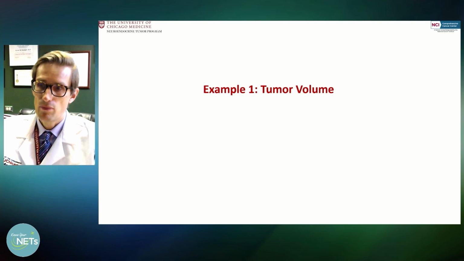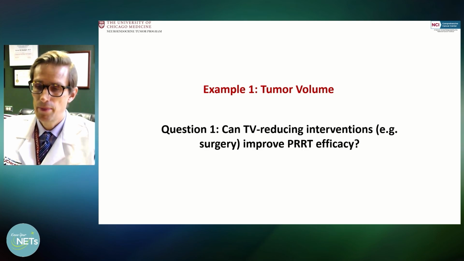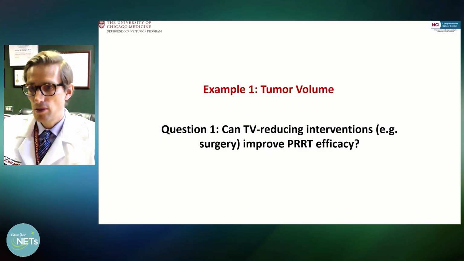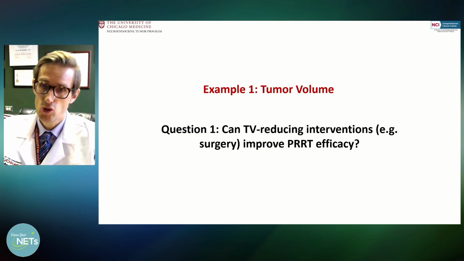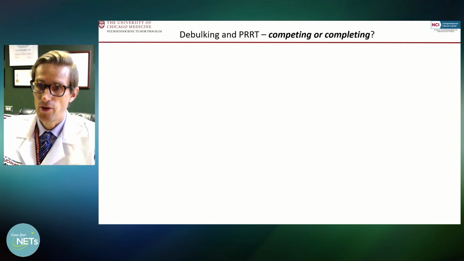For example, PRRT and tumor volume. The question that we ask here is, can tumor volume reducing interventions such as surgery improve PRRT efficacy? That's important from a sequencing perspective, because if it can, then perhaps patients should undergo surgery prior to undergoing PRRT therapy by reducing tumor volume.